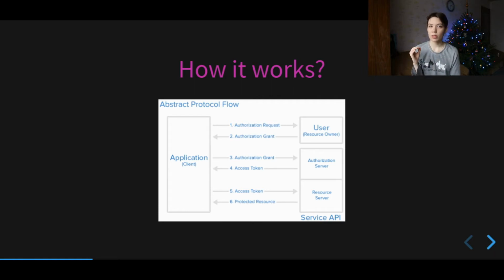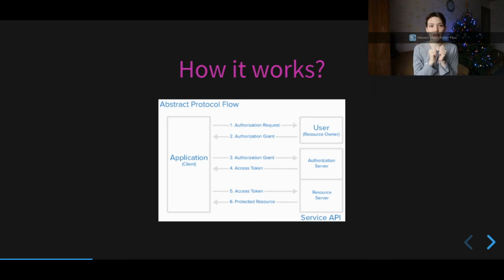Third, the application requests an access token from the authorization server API by presenting authentication of its own identity and the authorization grant. Fourth, if the application identity is authenticated and the authorization grant is valid, the authorization server API issues an access token to the application, and authorization is complete.